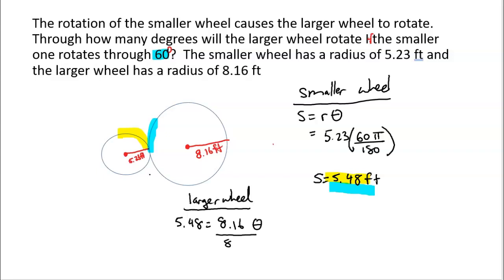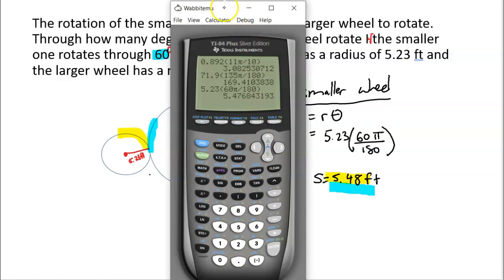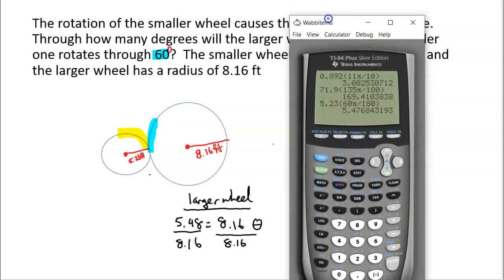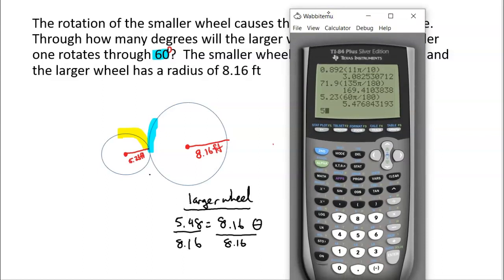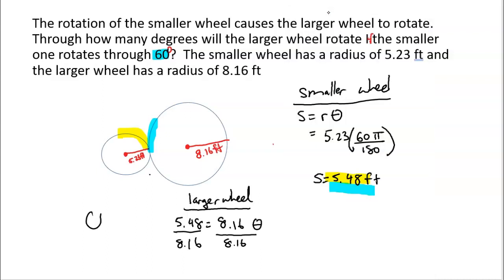So I'm going to divide these together. Divide by 8.16. So I'm going to get about 0.6715. I'll just round to 0.67. So my theta is about 0.67.